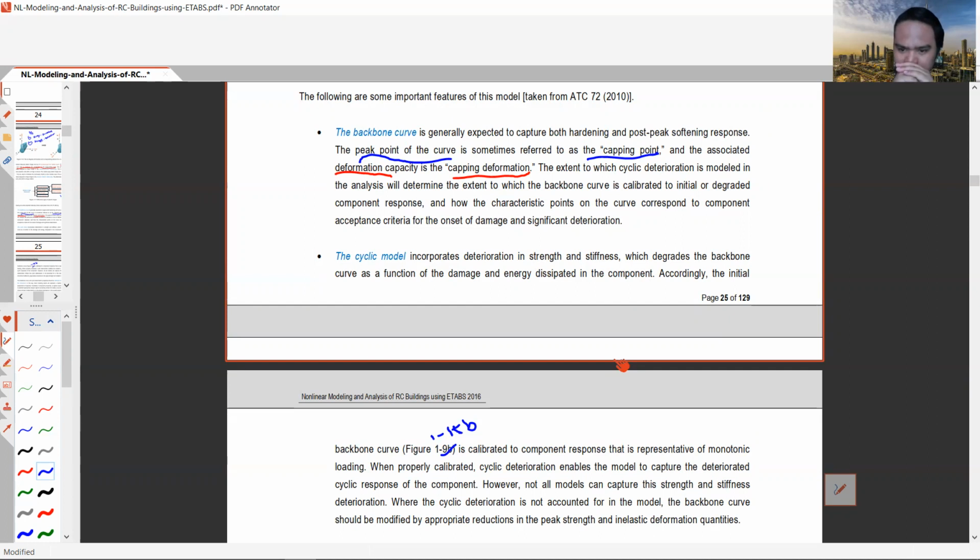Okay, so accordingly, the initial backbone curve is calibrated to component response that is representative of monotonic loading. So when properly calibrated, the cyclic deterioration enables the model to capture the deteriorated cyclic response of the component.